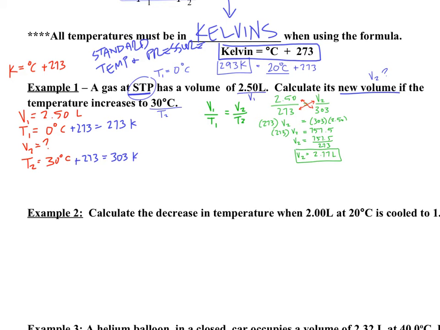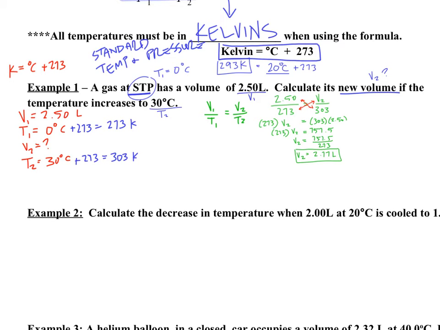Now, one of the things I want to mention is you can get a better understanding or an idea of what this new volume will be if you can remember the relationship between temperature and volume. So we said that temperature and volume have a direct relationship. So whatever your temperature does, your volume does the same thing. So in other words, my temperature starts off at 0 and is increasing to 30.